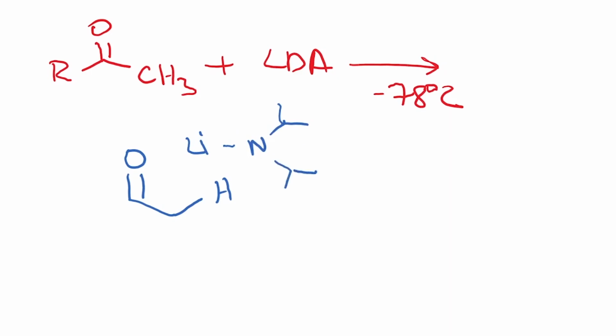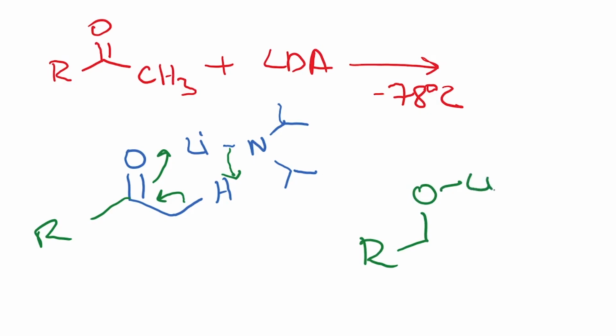And what can happen is you have the abstraction of hydrogen followed by the reaction of the oxygen with lithium, and you get the product as R-O-Li double bond. And of course, the byproduct is diisopropylamine.